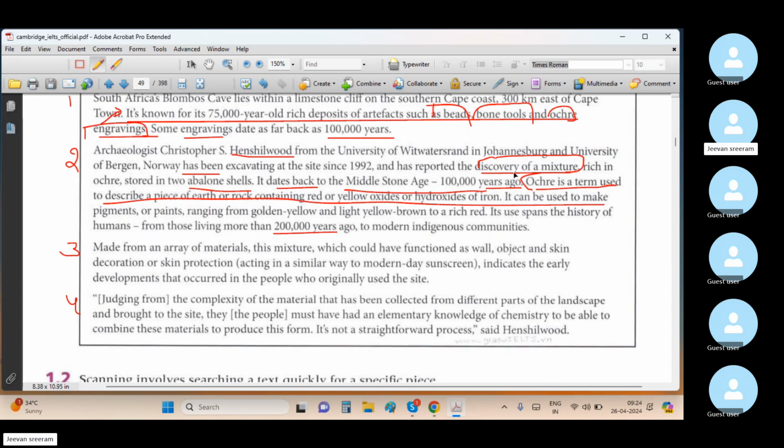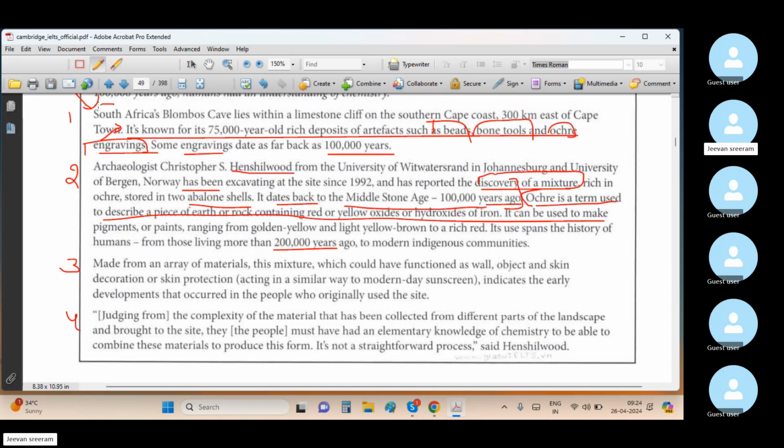Have you got my point? The first 2 questions have been answered making use of the first paragraph until this 1 lakh years ago. So to answer the third one, you have to go through from the next sentence onwards, because questions follow passage order. So start reviewing from the next sentence onwards: Ochre is a term used to describe, from here onwards.